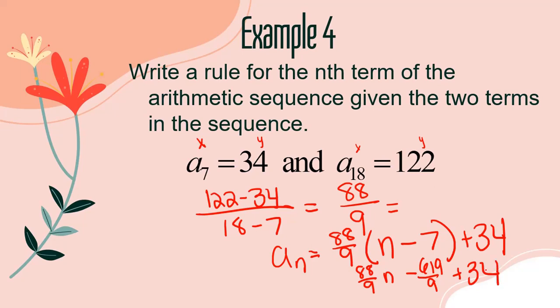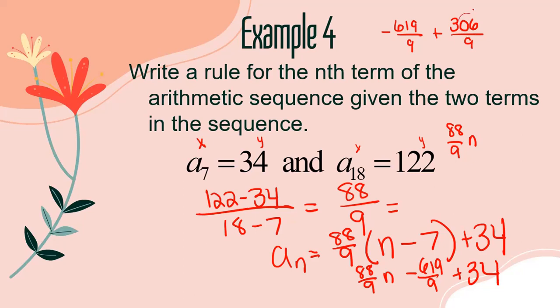Now I need to figure out what that is. I need a base of 9. So 34 times 9 is 306. I'm going to move up here, guys, for a little bit. 88/9 n, negative 616/9 plus 306/9. That is just 34.